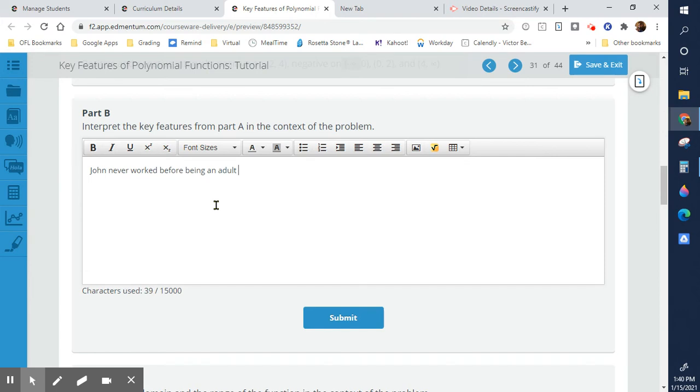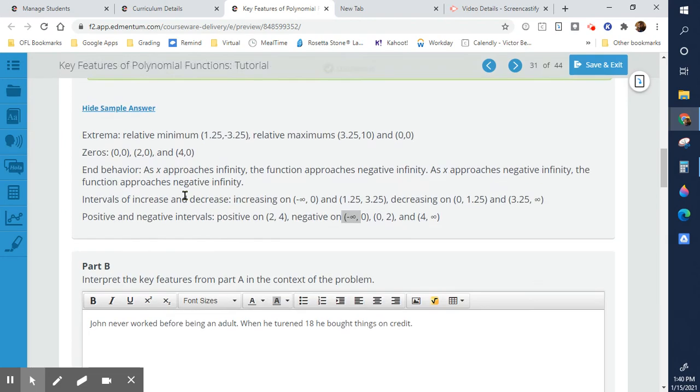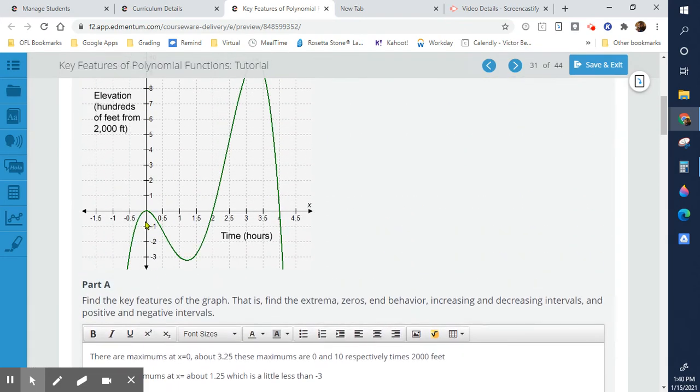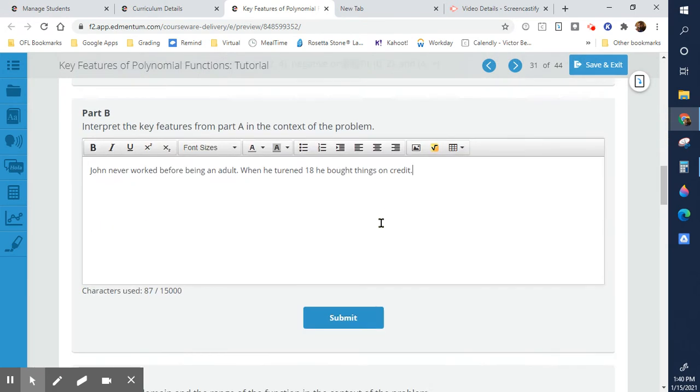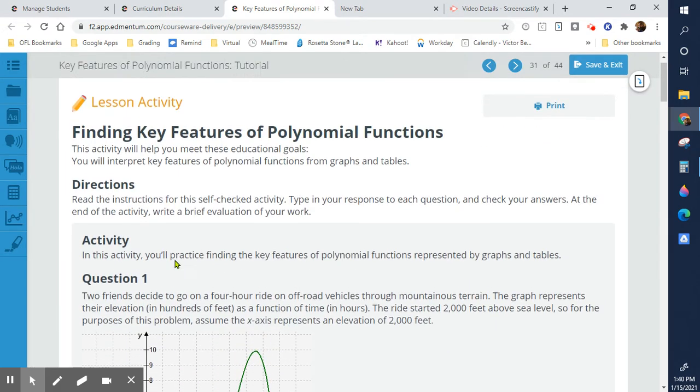So in this case, 0 represents when John was an adult. When he turned 18, he bought things on credit. That's why he's going to be in debt for a while. Or, I guess I should talk about the actual thing. I was just going to make up a random story, but I guess we should talk about this.